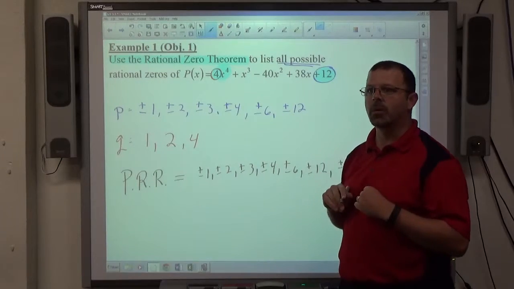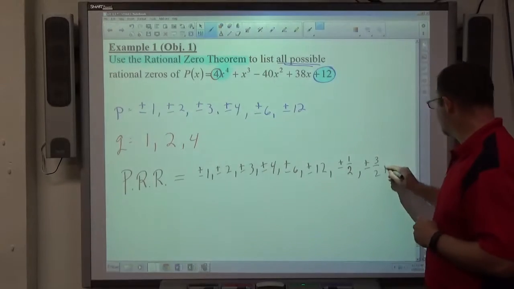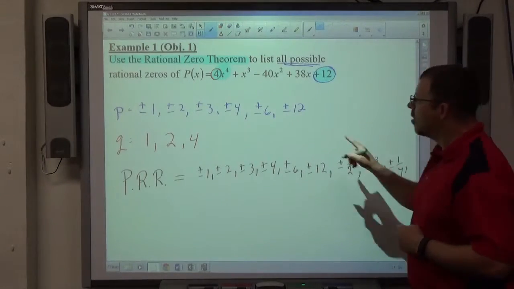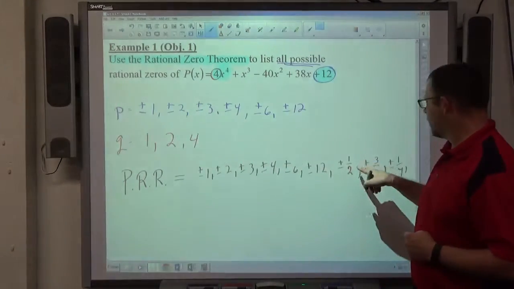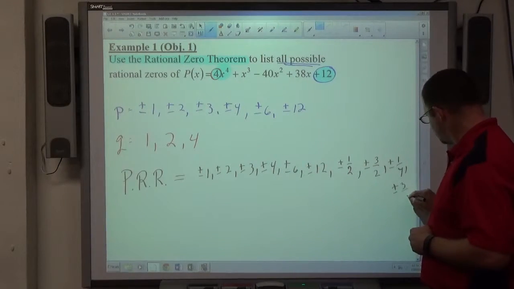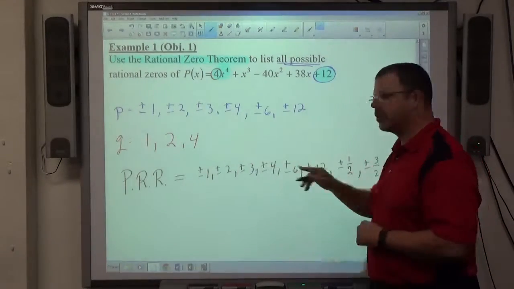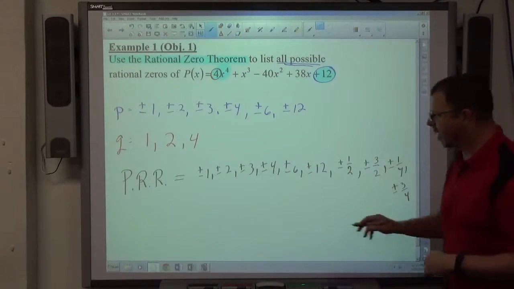You don't have to list them more than once. Next we have all these numbers divided by 4, so I get plus or minus 1/4. Plus or minus 2/4, better known as a half, we already have it. Plus or minus 3/4. Plus or minus 4/4 is 1, 6/4 is 3/2, 12/4 is 3. So there's my entire list there.